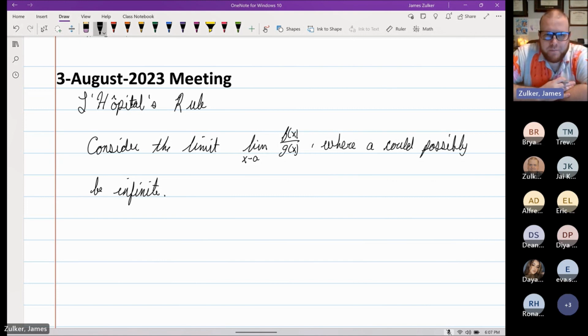And so consider the limit as x approaches a of f of x over g of x, where a could possibly be infinite.